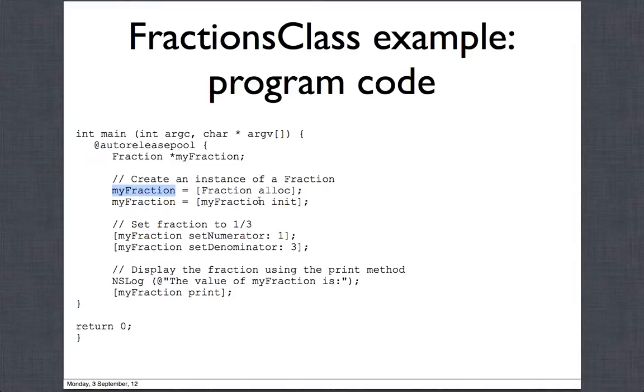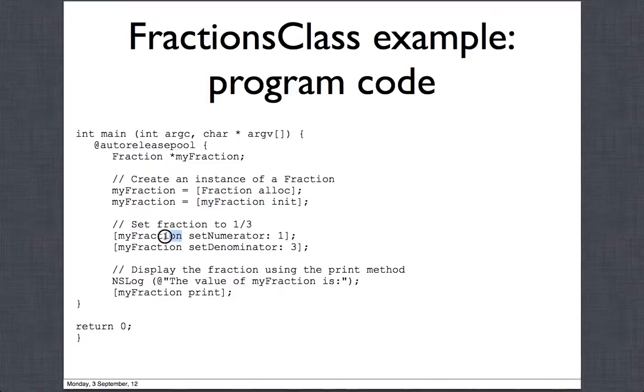And then we call init, but not on the class, on the instance already. So we have this instance, and we have to initialize it. What happens in initialization we're going to talk about probably in the following lectures, but this is what you have to do if you want to use an object. You have to allocate memory and initialize the object. Then you can just use it. You can send messages that you wrote.